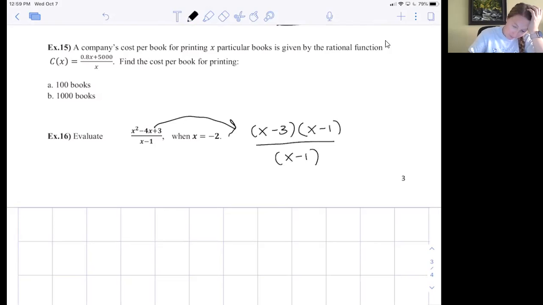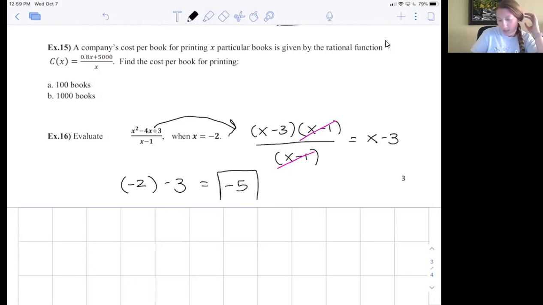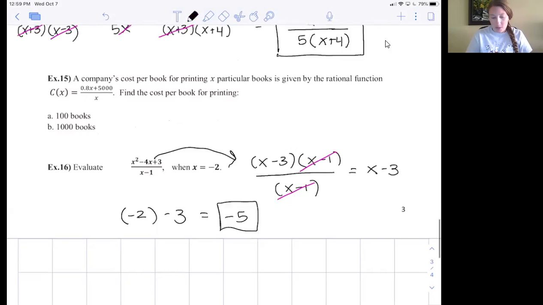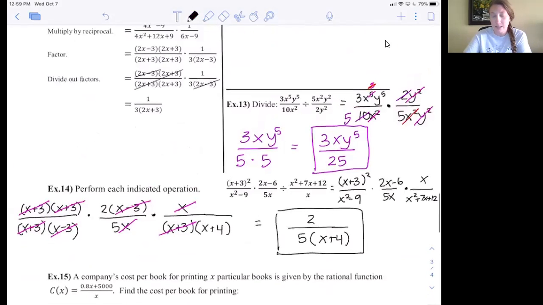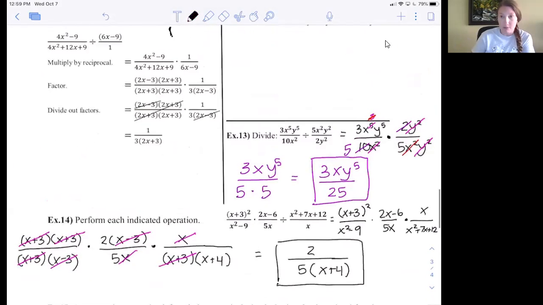So now the x minus 1s are going to cancel out. So I'm just left with x minus 3. And now I just need to plug -2 in. So I say -2 minus 3, which gives me -5, which is my answer. Okay, hopefully this kind of makes a little sense and is helpful.